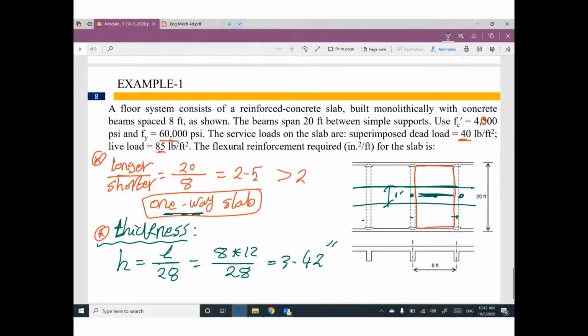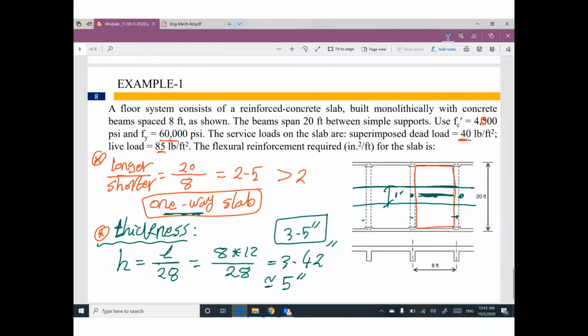But don't be more critical. Be more generous. 3.4, I will assume it 5 inch. 4 is good. 3.5 is good also. But I don't like to assume a number and after I did all of my calculations, I found, oh my goodness, I hope to increase it a little bit to make it easier to find the number in a table.